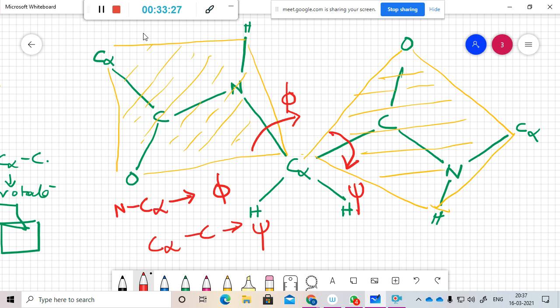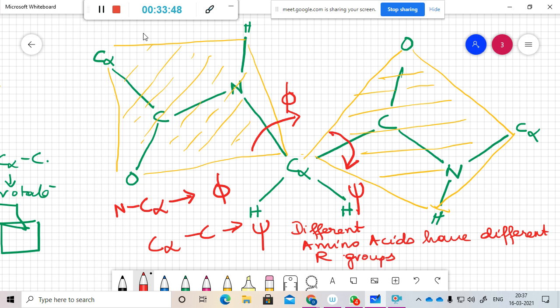So different amino acids have different R groups. This is an R group over here.